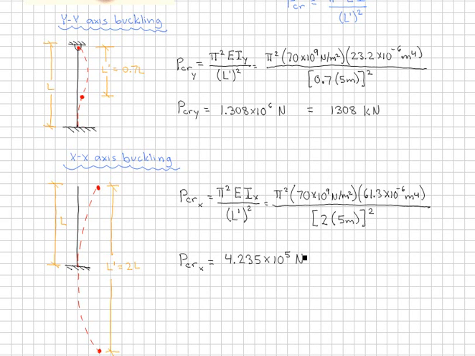However, it's more efficient, or typically converted, to kilonewtons, so we divide by 1,000 and we get 423.5 kilonewtons. Now if we compare critical buckling loads about the x-axis and the y-axis, we want to take the lower value. So we can determine that the critical buckling load is equal to 423.5 kilonewtons.